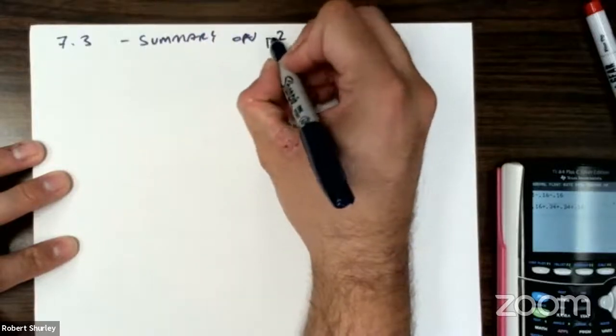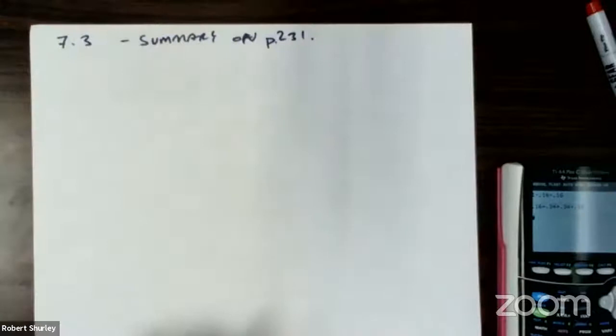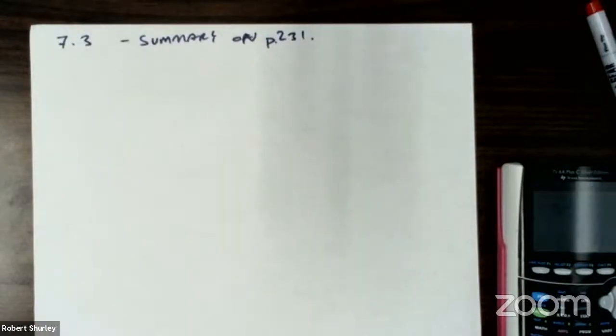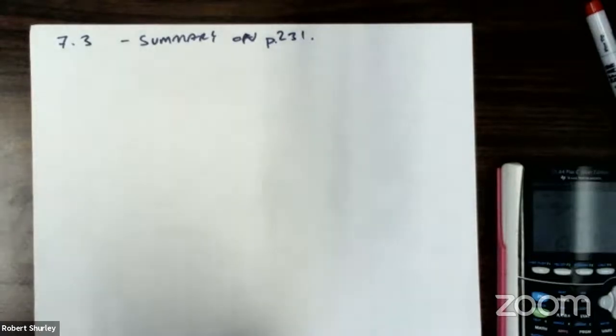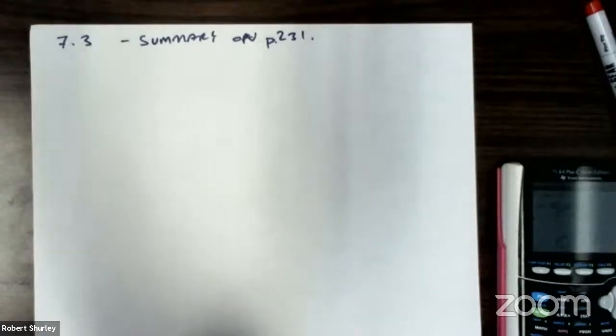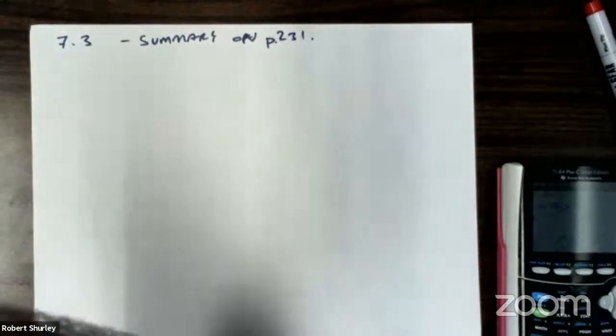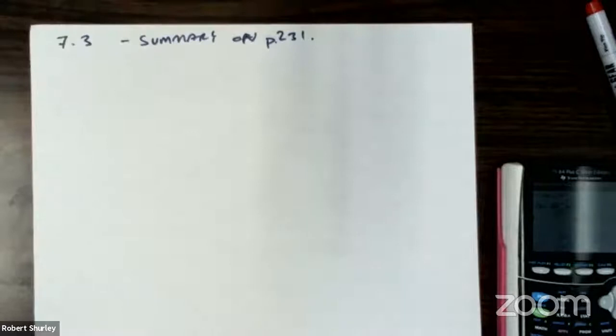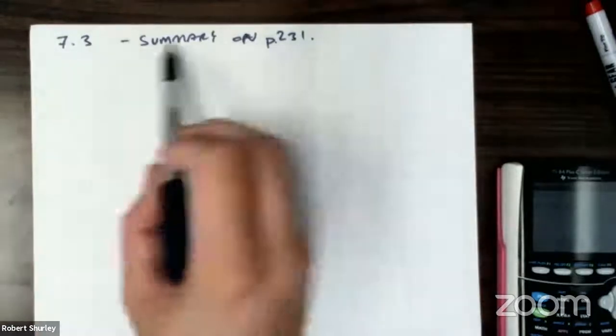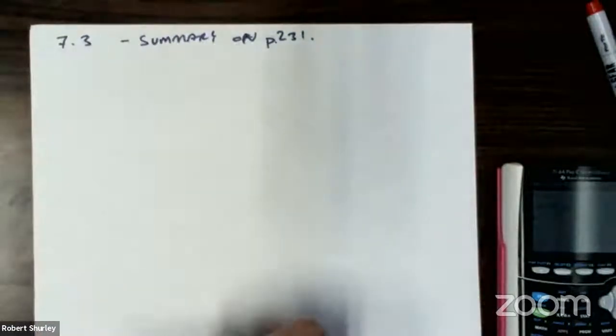It goes over how, we're talking about the average of the averages. I know it sounds goofy, but the mean of the samples is always equal to the population mean. But then the standard deviation of the samples is found a little differently, and it talks about that in that summary on page 231, and you have to find it.